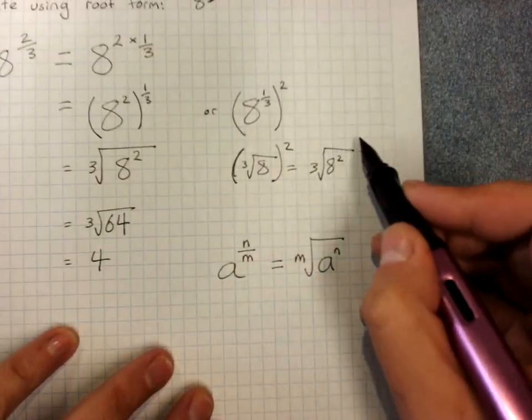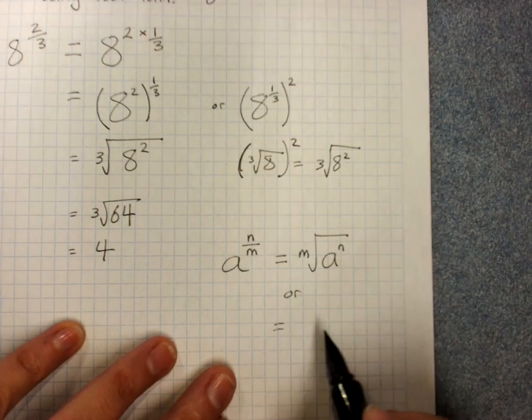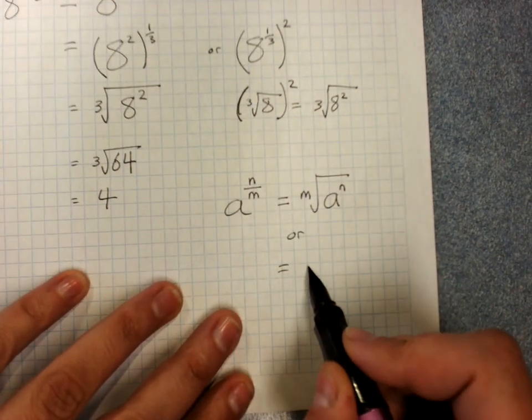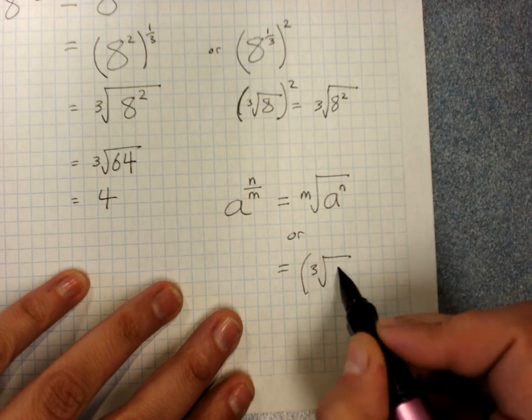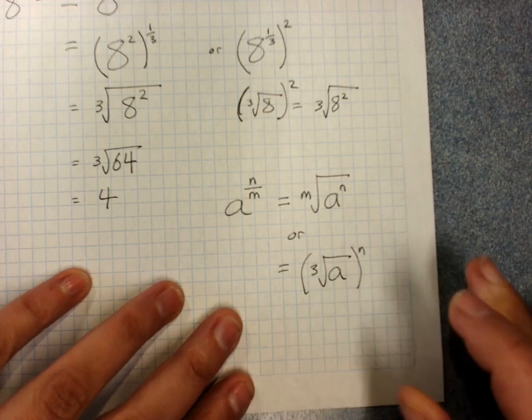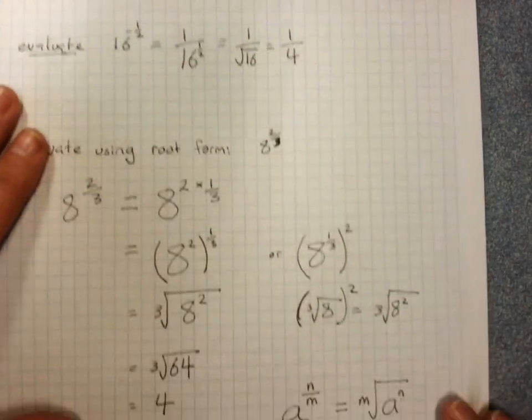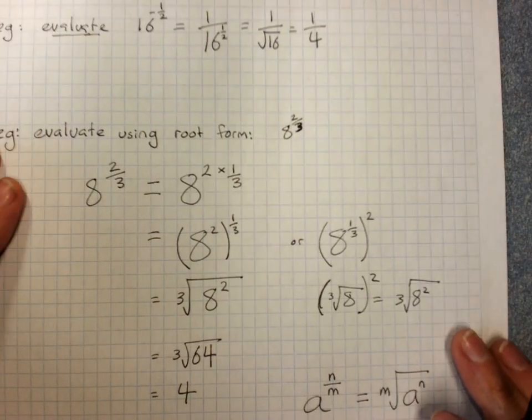Or, given this bit of information, we could get the mth root of a, to the n. All sorts of things could be happening. We'll go into this much more in Year 10, but if you need it for some challenge questions, it's there.